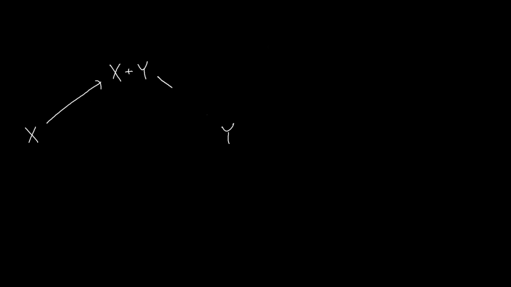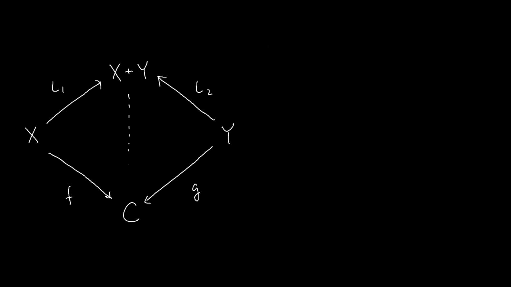And let's again recall the definition of a sum. A sum is a diagram of this form, such that for any other diagram of a similar form, with f and g instead of iota 1 and iota 2, there exists a unique morphism from x plus y to c, making the two triangles commutative.